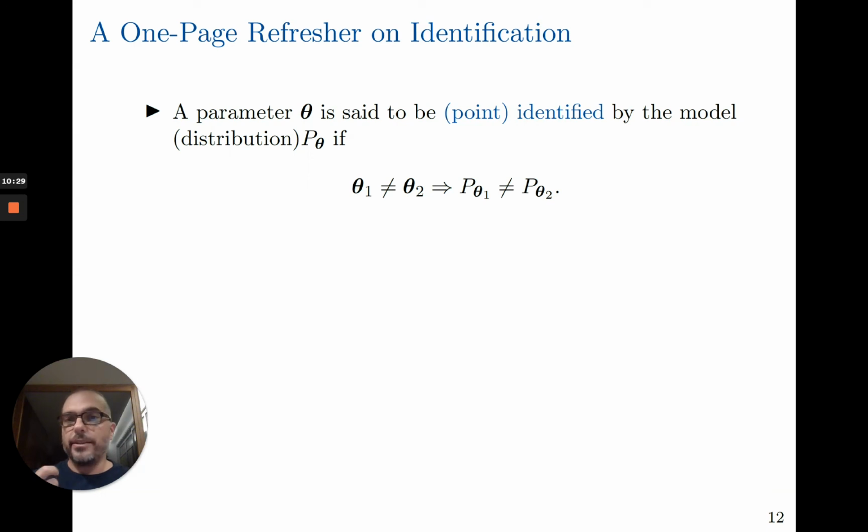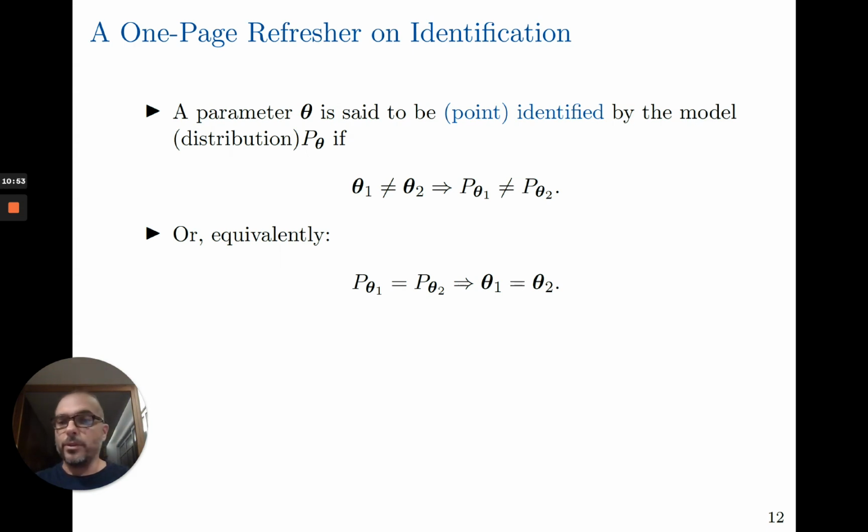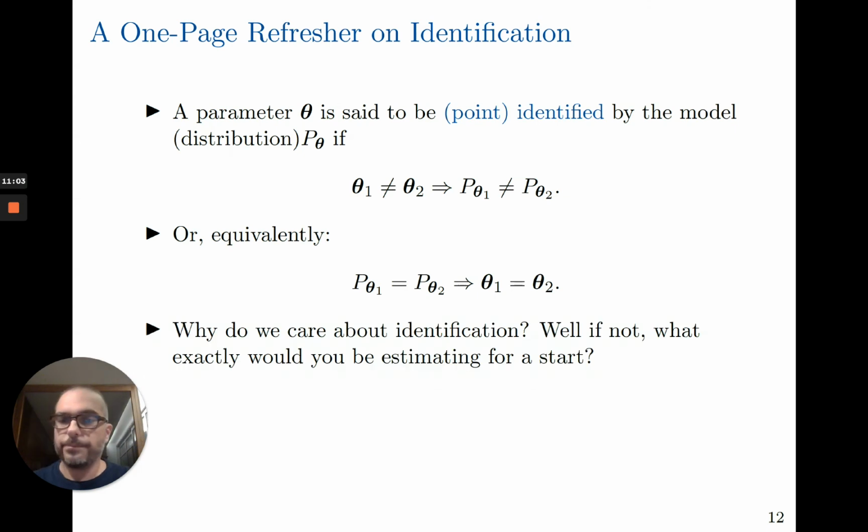We said that a parameter theta is point identified by a distribution, a model, P_theta, if theta 1 differs from theta 2, then P_theta1 will be different from P_theta2, okay? Or equivalently, if P_theta1 equals P_theta2, then it means that theta 1 equals theta 2. So the probability model cannot take the same value if there are two different thetas, okay?